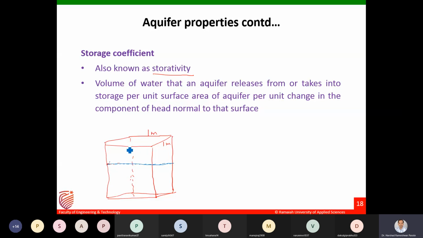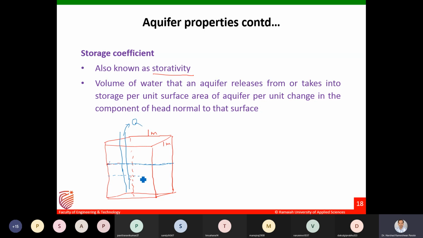Now if I am pumping the water from here, what will happen? I have drilled bore wells, consider, and I am pumping the water some quantity. Then the water level will fall down. So I will pump till the water level falls down by 1 meter.